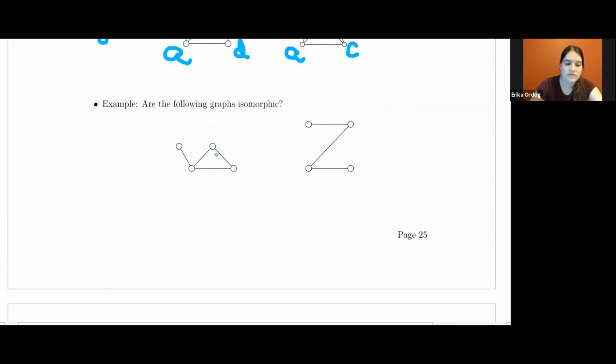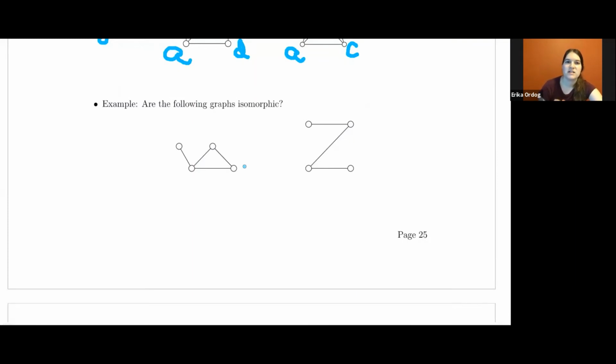Now, are these two graphs isomorphic? Pause the video and think about that. Okay, so let's look at these two graphs. Before we just go ahead and start labeling, we want to look at the degrees of the vertices, because if we want to preserve adjacency in our labeling of the graph, the degrees have to be the same.